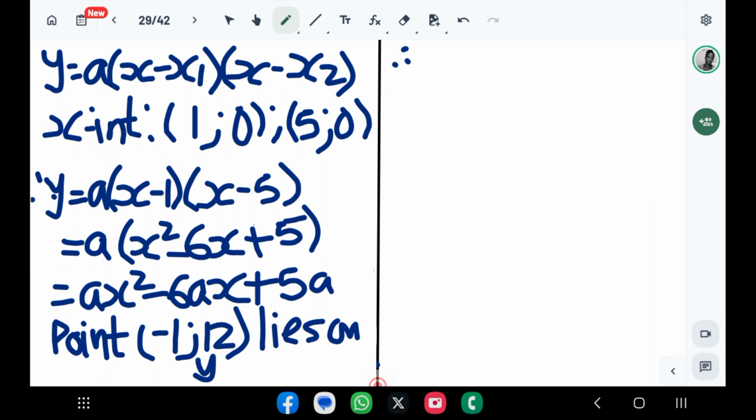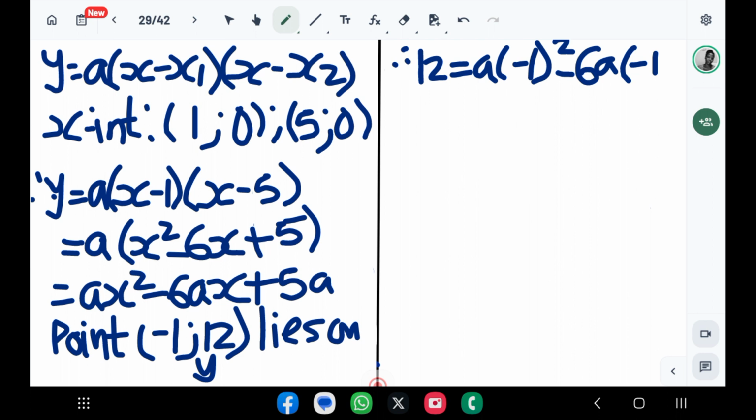Therefore 12 equals a negative 1 all squared minus 6a negative 1 plus 5a.